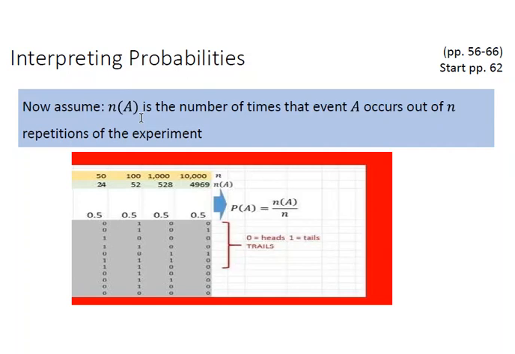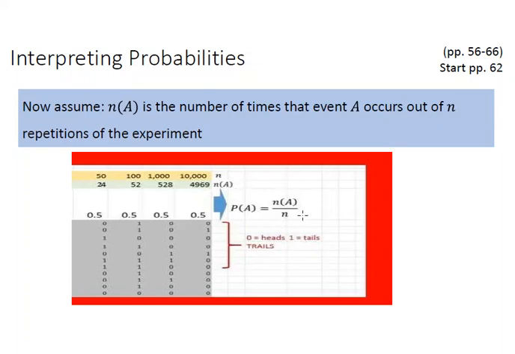Look at this picture. In this picture, you can see that we have thrown a coin, for example, 50 times, 100, 1000, and 10,000 times, and we have obtained the number of heads. Here 0 indicates heads and 1 indicates tails.